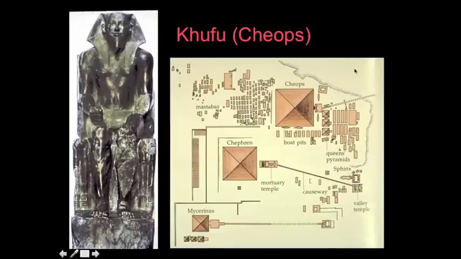So we have all of these mastabas, minor noble tombs, but here we also see remnants of something quite particular. This is a valley temple. And the valley temple has to do with this kind of procession, this movement from this causeway, sorry, and the valley temple is down here, where the body is mummified, where the corpse is prepared, and then it makes its way processionally up to the pyramid and is subsequently entombed.